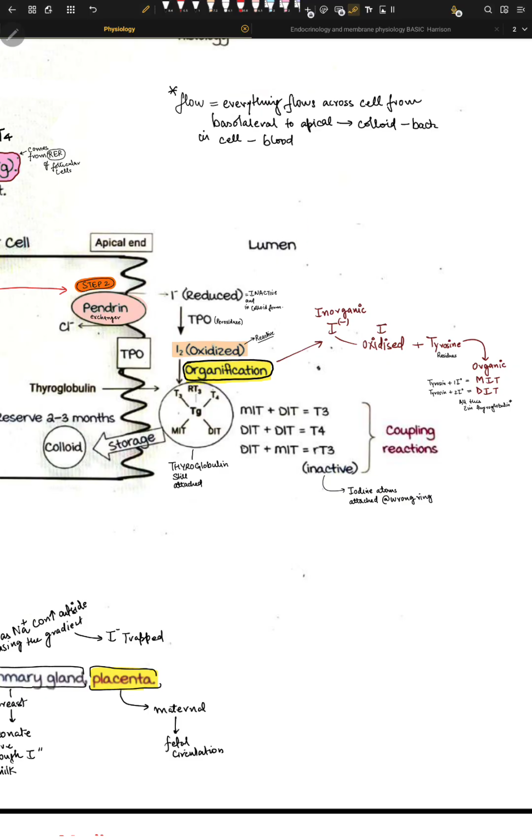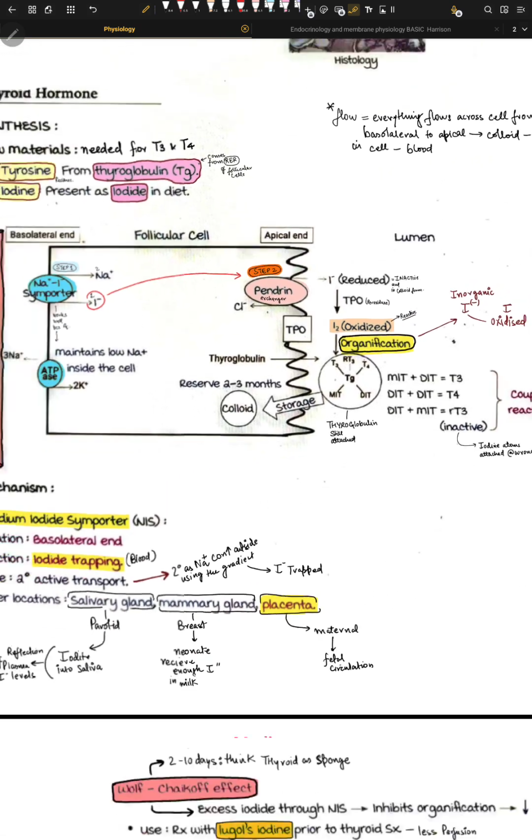It oxidizes this reduced iodide, and once it oxidizes it, it becomes I2, that is oxidized iodide, and this part is reactive now. So this iodide is now reactive.